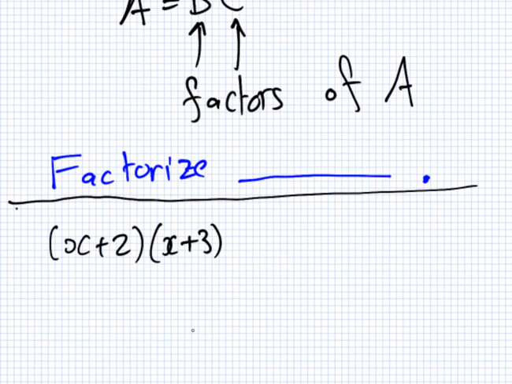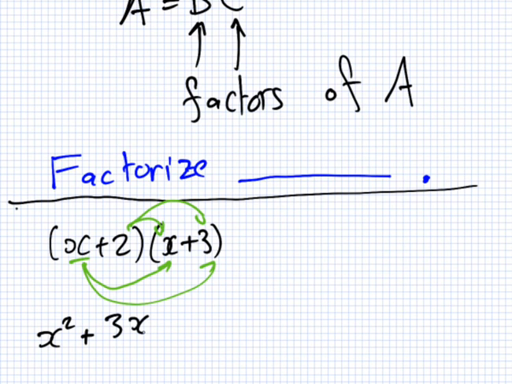Please learn this vocabulary, because in the exam the question would be written as factorize blank. It's not the same as solve, it's different, so you must know this word. Have you got that?